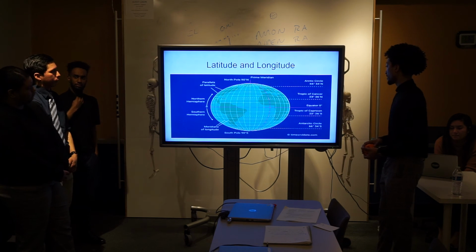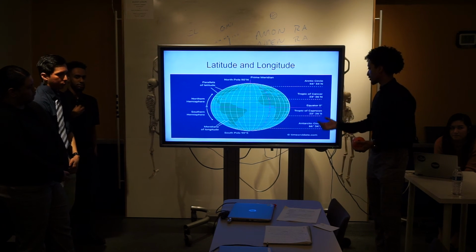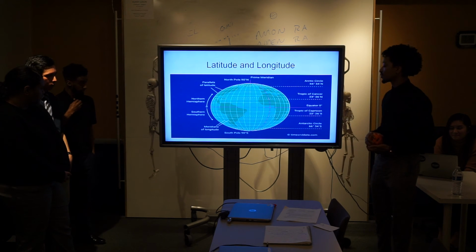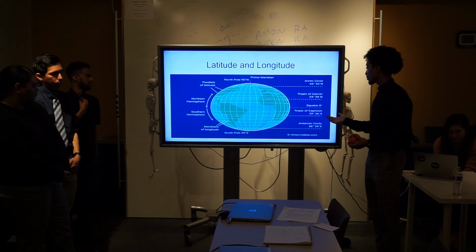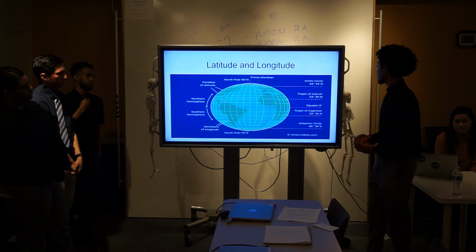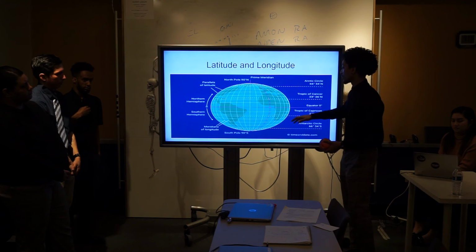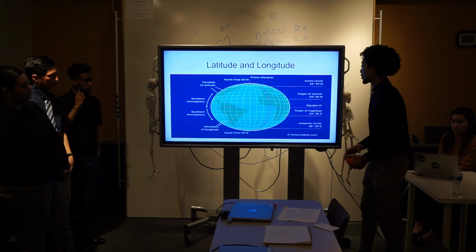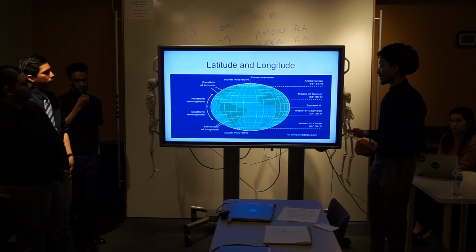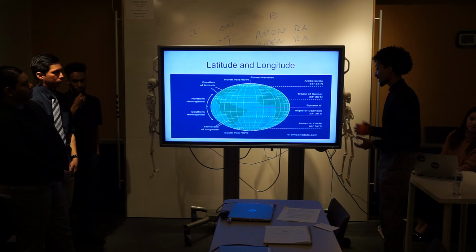There are several unique latitude lines. The Tropic of Cancer lies at 23 and a half degrees north, and the Tropic of Capricorn is 23 and a half degrees south. The area in between, right here, is called the tropics, and it's known for its dense jungle and heavy rain.